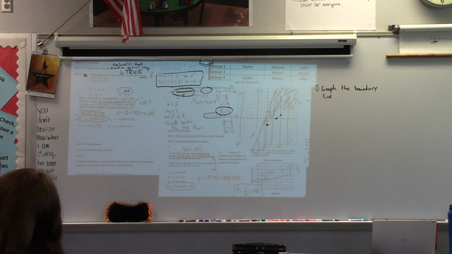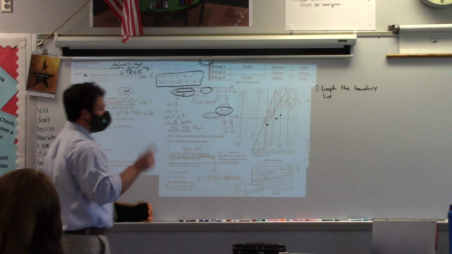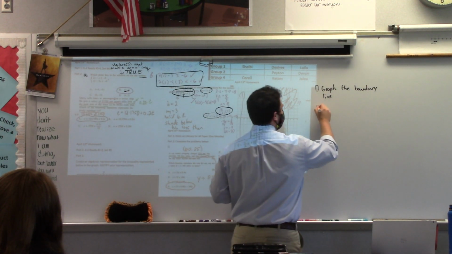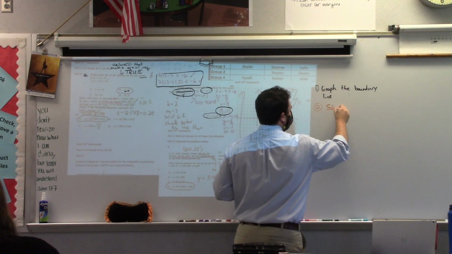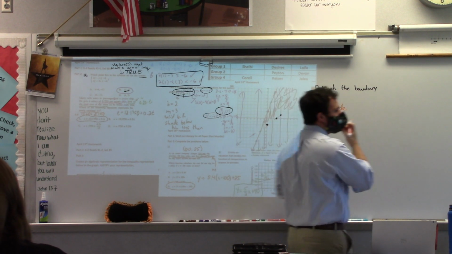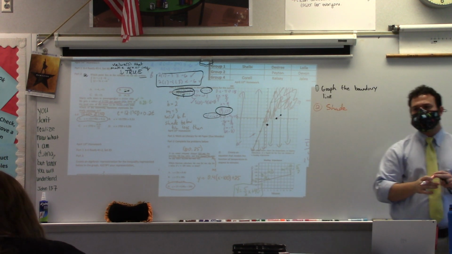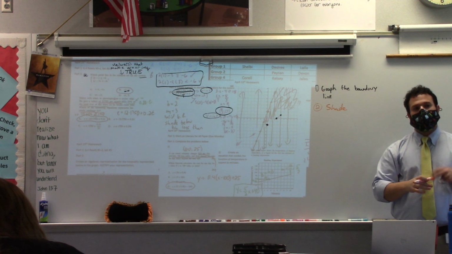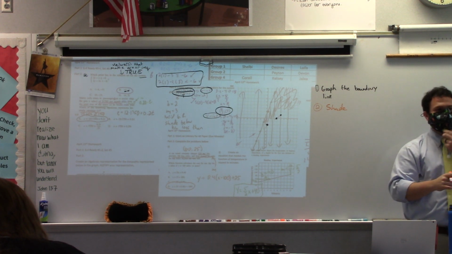So after I graphed the boundary line, what did I have to do? I had to shade, right? Shade what? When we shade these inequalities, what are we trying to shade? A half plane. So which half plane do we shade though?